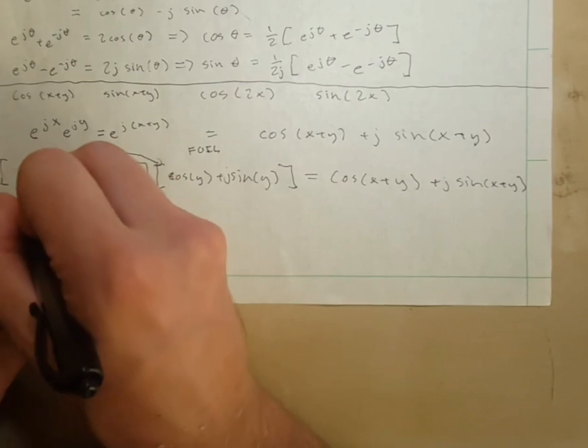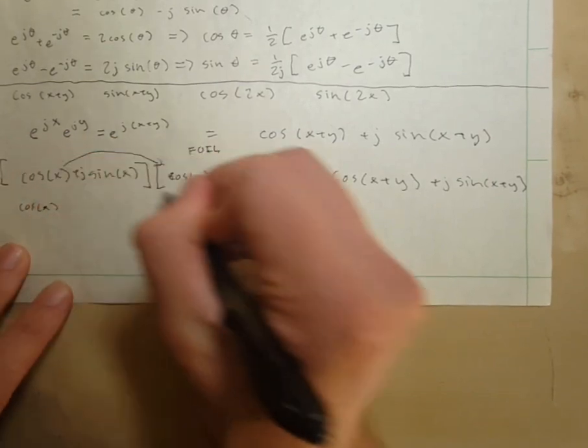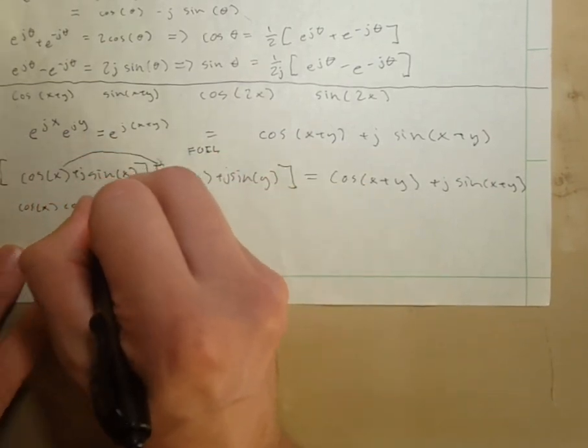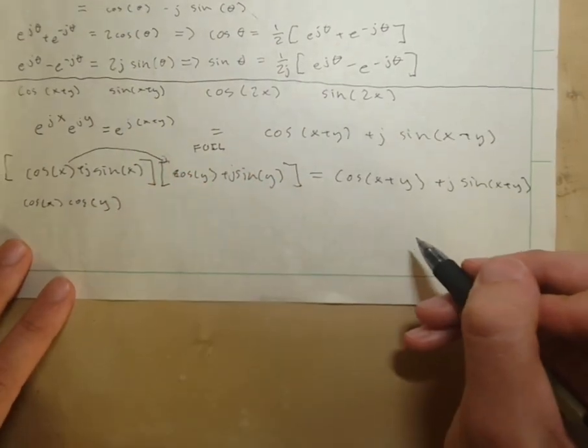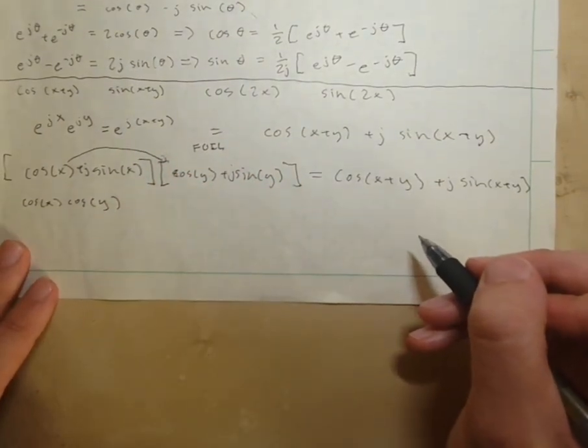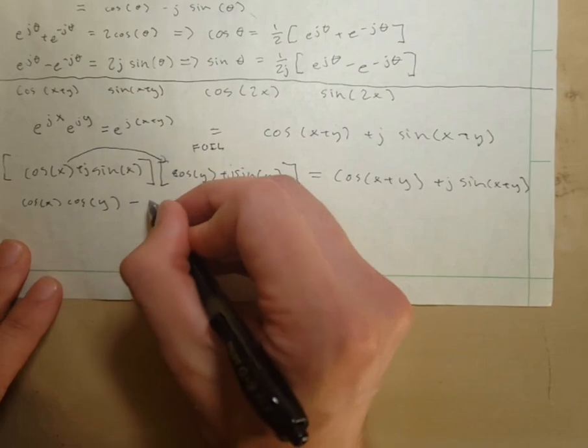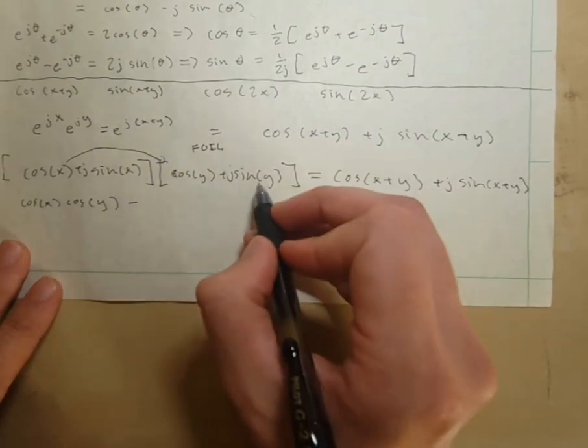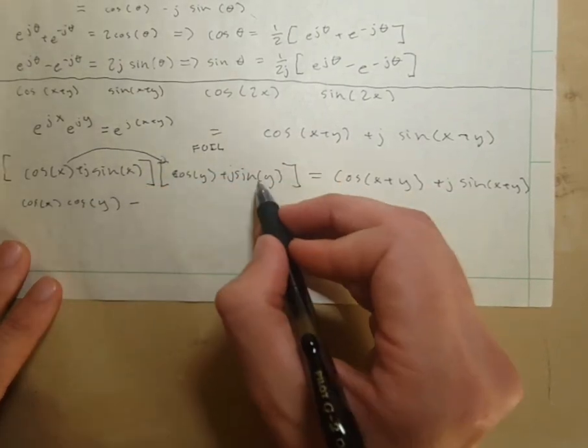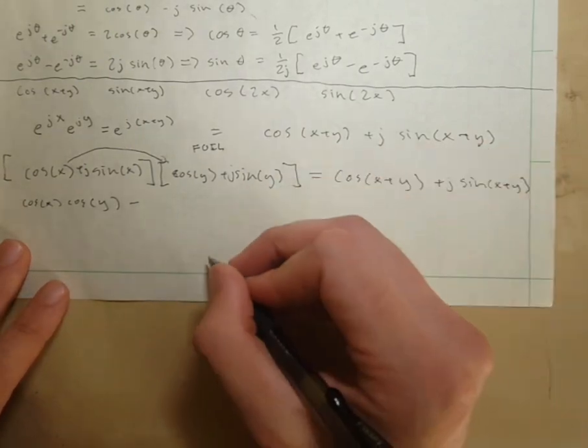And so what we get there is cosine x cosine y, and then what else do we get? We get the minus of the other real term, which is going to be this j squared, because j squared is just -1.